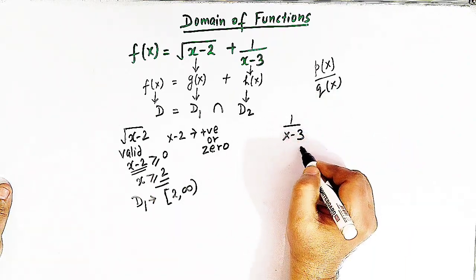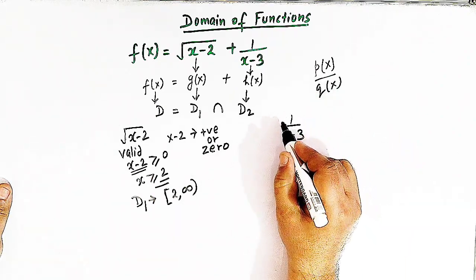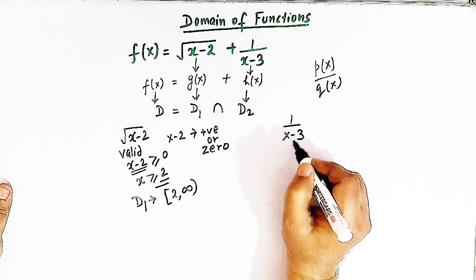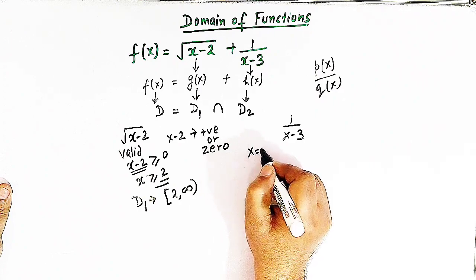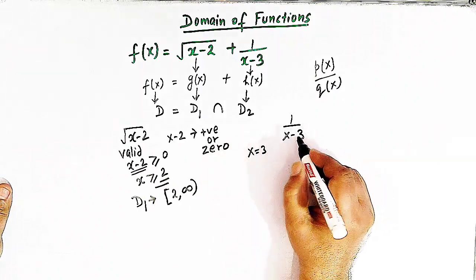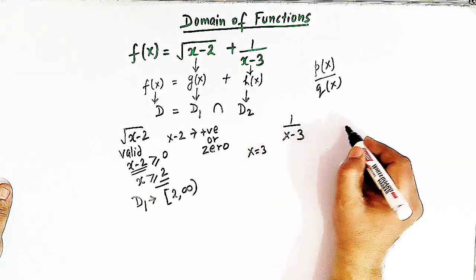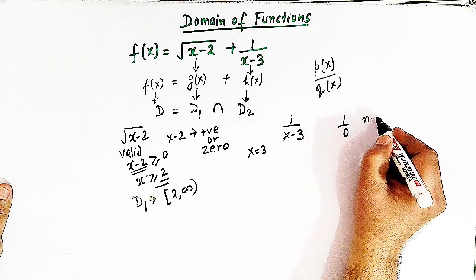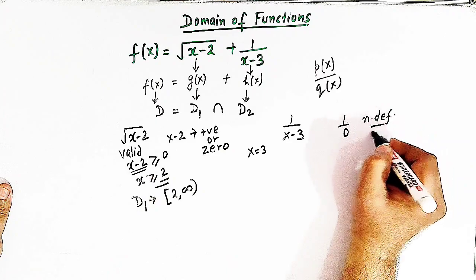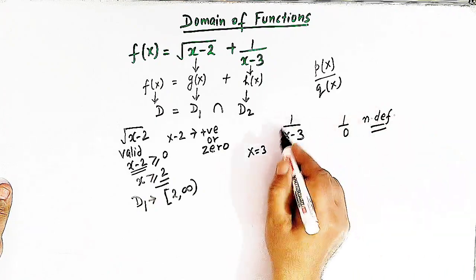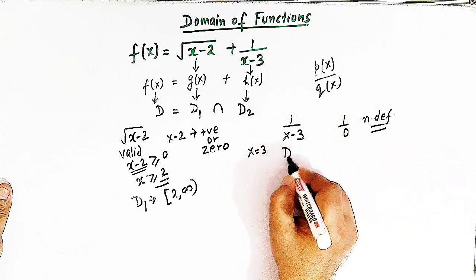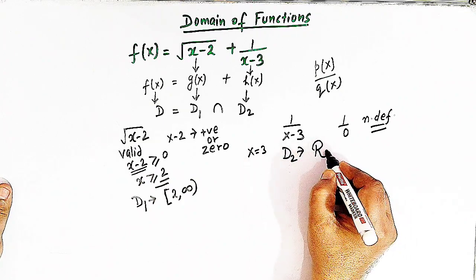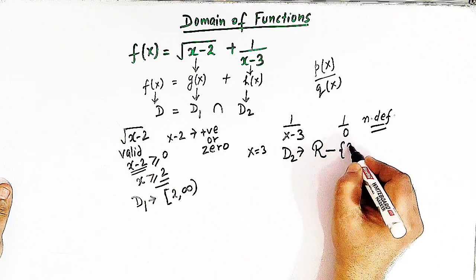The domain of this function is all real numbers except 3, because when we take x equal to 3, then in the denominator we get 0, so this becomes 1 over 0, which is not defined, right? So the domain of this rational function is the set of all real numbers except 3, right?